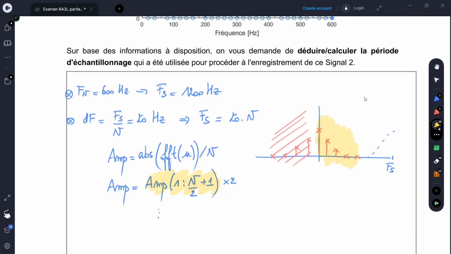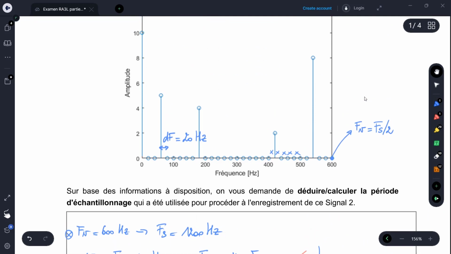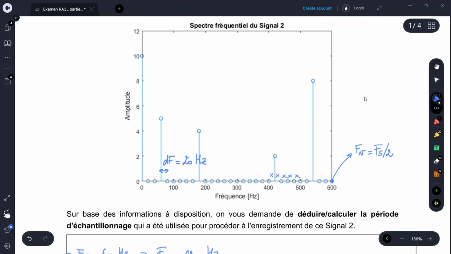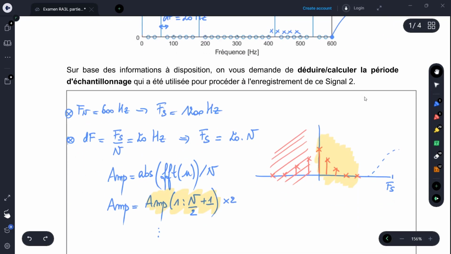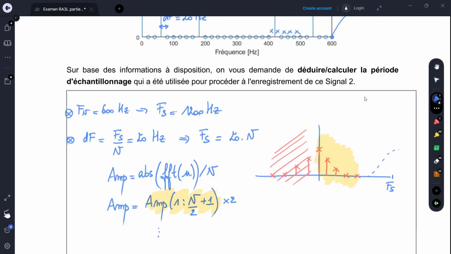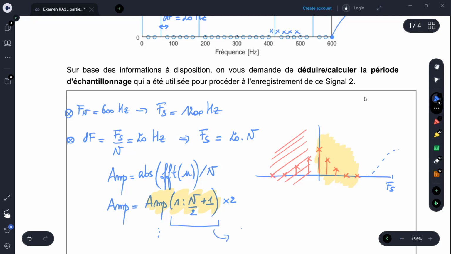Donc, de là, on va pouvoir déduire le nombre n de données qu'il y avait au départ. Ce qu'on peut faire, c'est revenir ici compter dans notre spectre le nombre de raies qui sont présentes. C'est 31. Conclusion, on sait ici qu'en gardant les éléments de 1 à n demi plus 1, on a gardé 31 éléments.